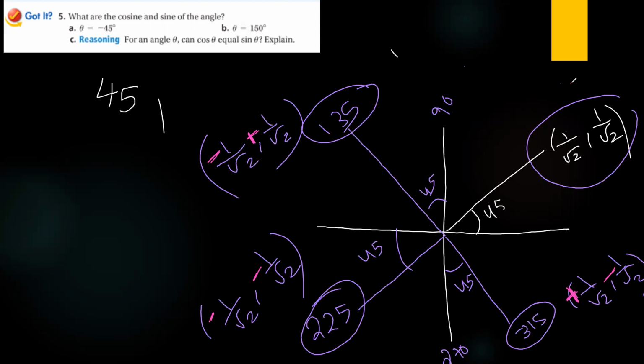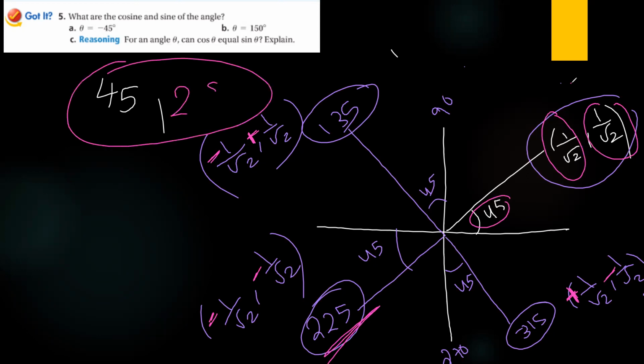So which ones have the same sine and cosine? 45. And this one are the same because they have the same magnitude with the same sign. So will be also 225. So both of the angles 45 and 225 will have the same cosine and sine. Is it clear?